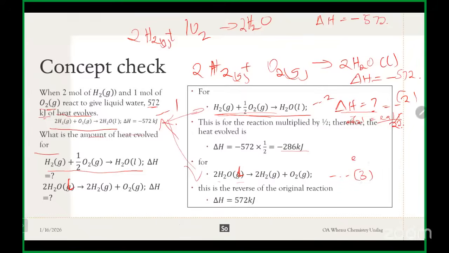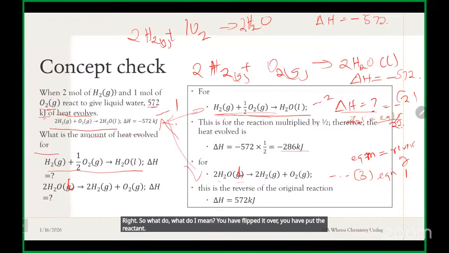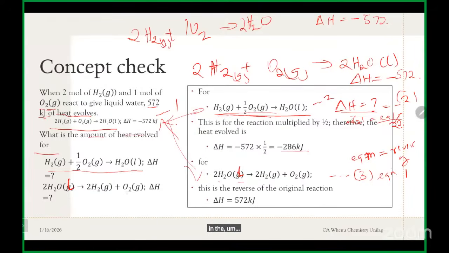Equation 3 is the reverse of equation 1. So what do I mean? You have flipped it over. You have put the reactant in the product side and the product in the reactant side. So the delta H will be 572.